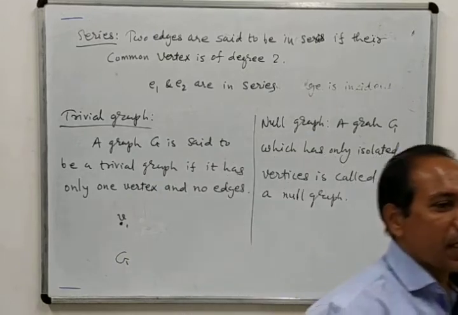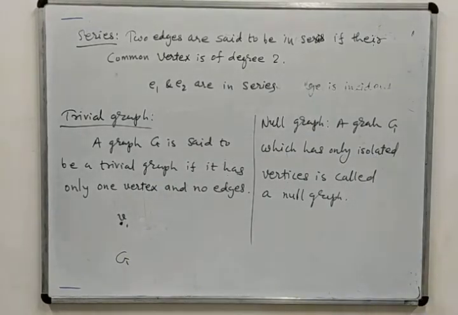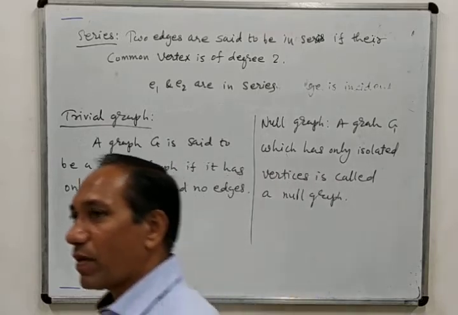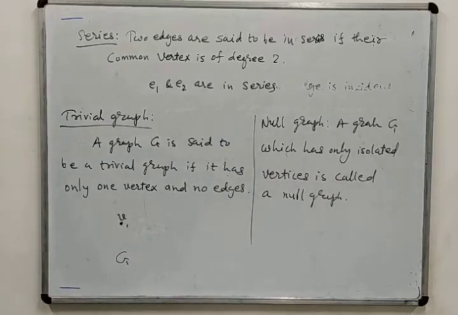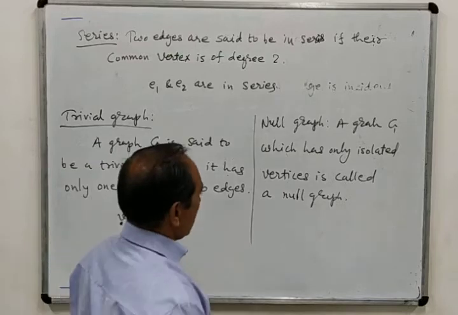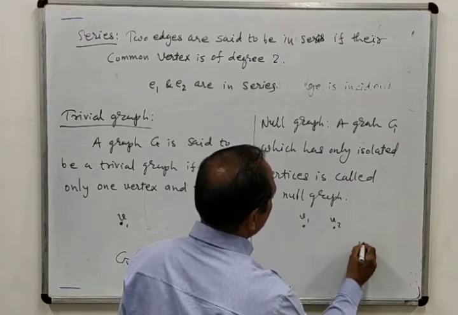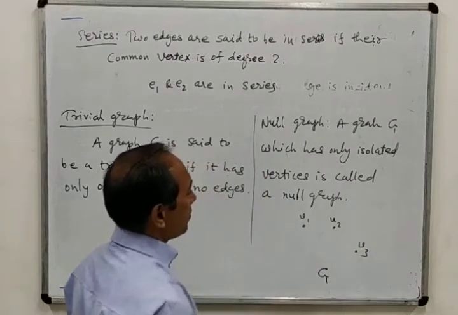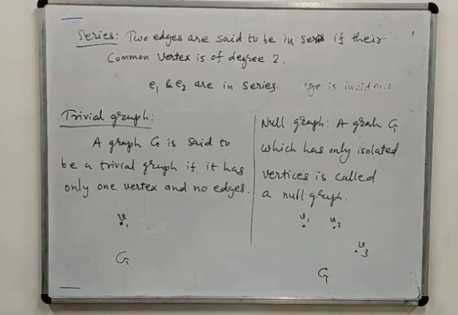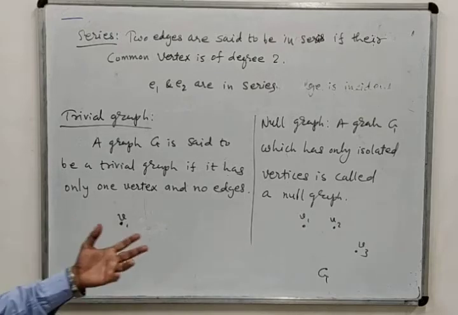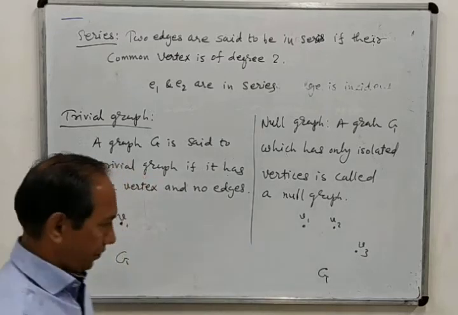or if the graph G has all the vertices with degree 0, because isolated vertices means the vertices having degree 0. So if the graph G has all vertices of degree 0, it is said to be a null graph. That means, suppose there are 3 vertices, V1, V2 and V3, and this is the graph G. So here we can see that this graph G has isolated vertices because it has 3 vertices, and each of the 3 vertices is isolated, and isolated means each has degree 0.